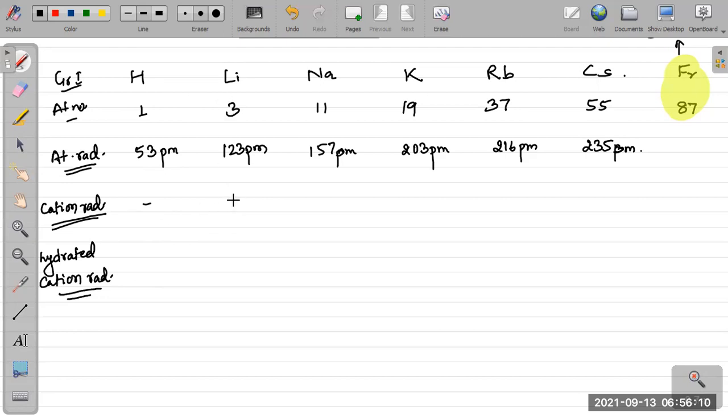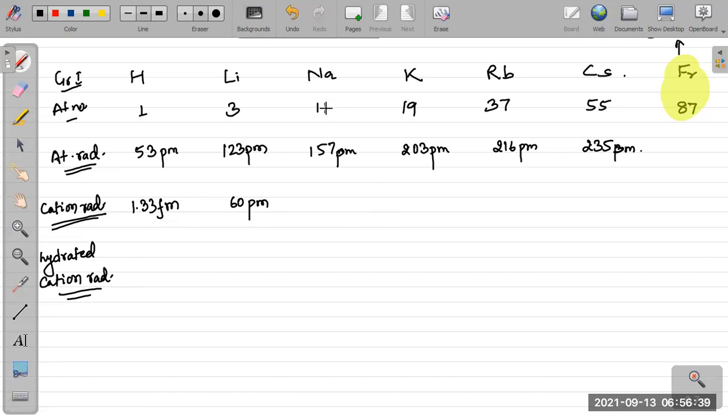For lithium, the cationic radius is 60 picometer. And if we are going to believe Rutherford, its value will be 1.33 Fermi meter.